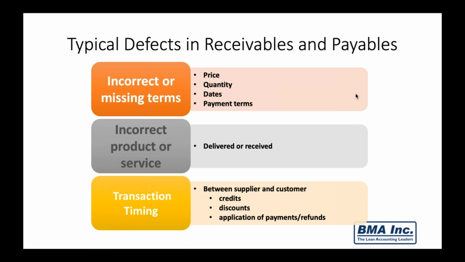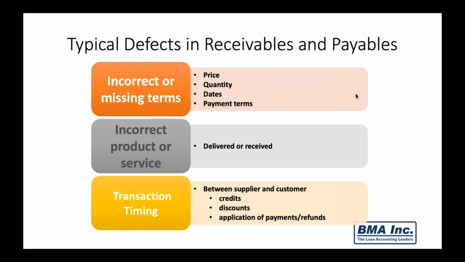Another type of defect is transaction timing. This typically occurs between customers and suppliers in terms of the application of credits, the application of discounts, the application of payments and refunds and RMAs, all of this timing thing where you get a customer that pays you.